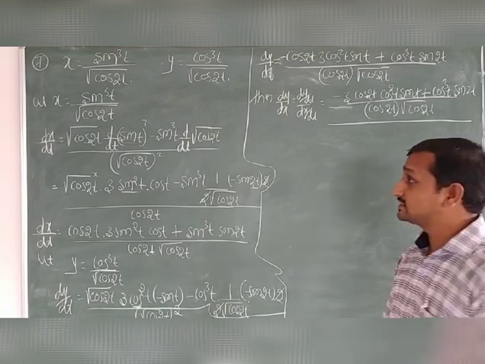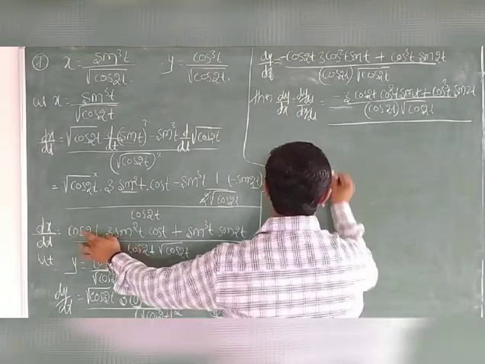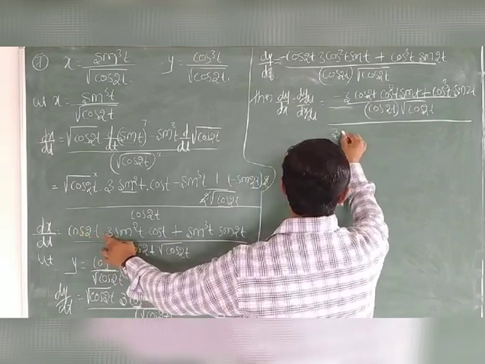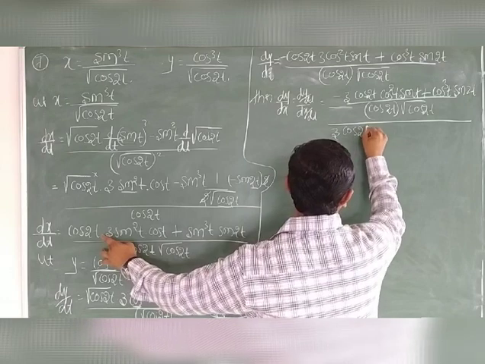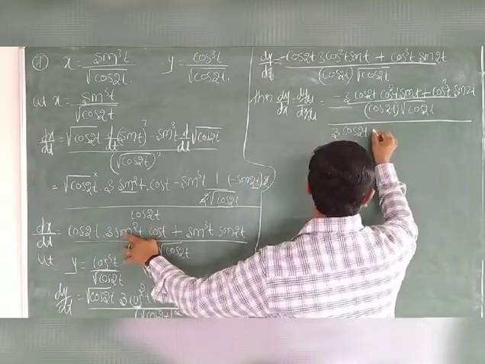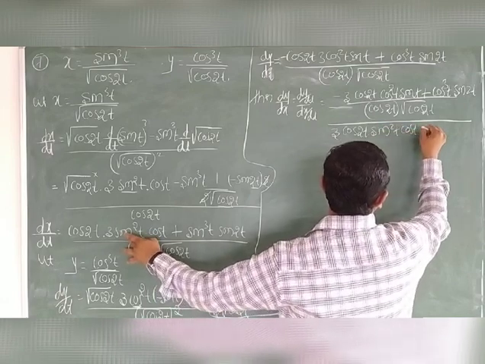the dx by dt term. What is the dx by dt term? Here it is. What is that? 3 into cos 2t into sin square t into cos t.